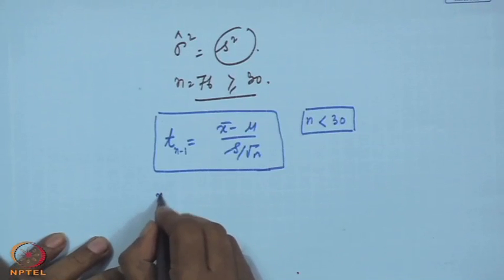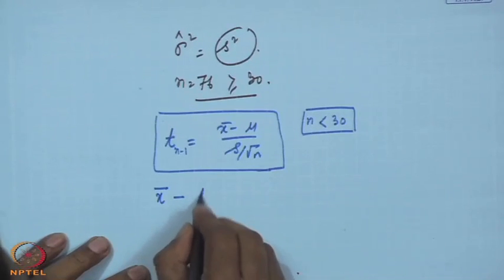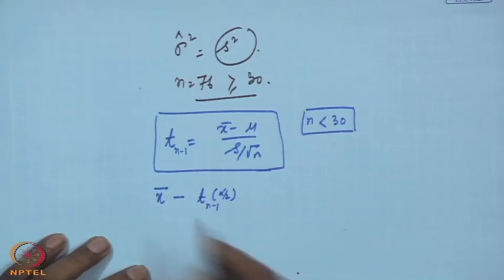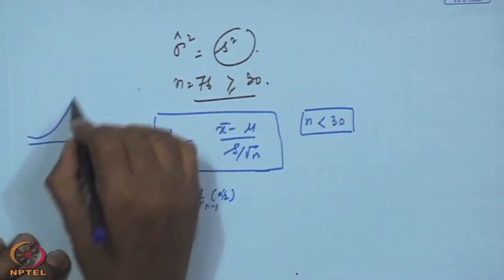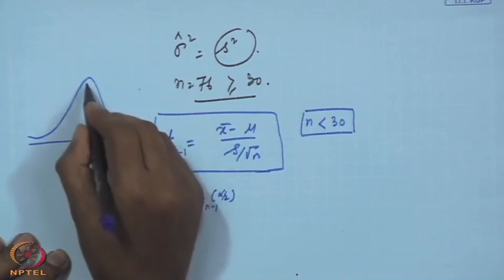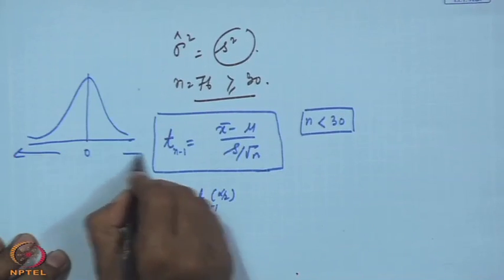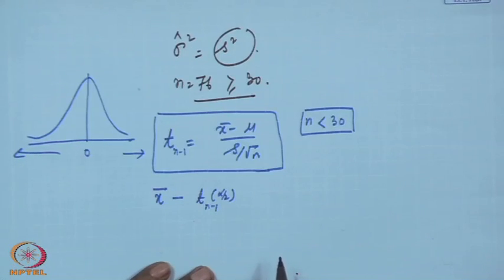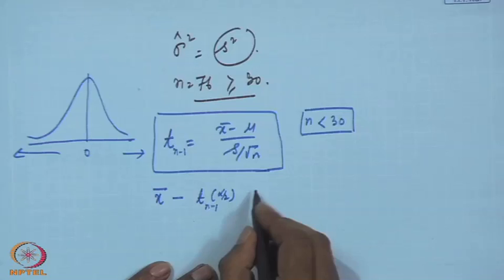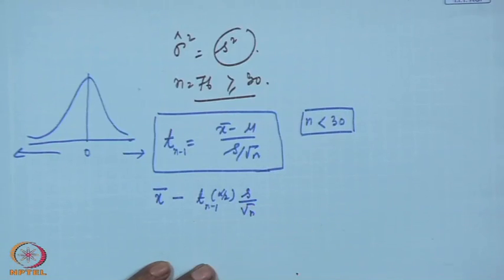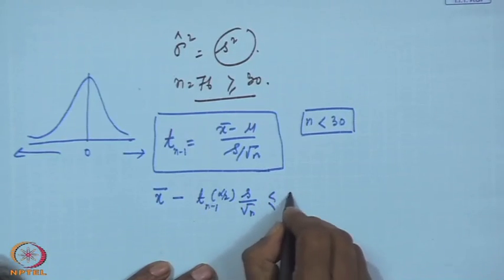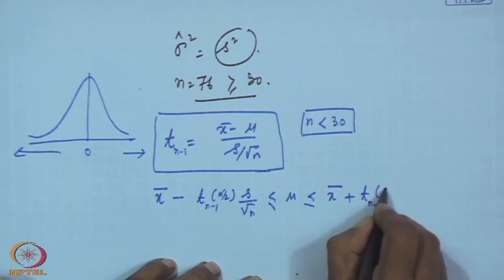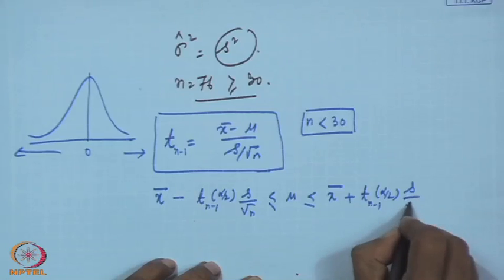Your interval will be like this: x bar minus t(n minus 1, alpha by 2) S by root n, because T distribution is also a two-tail distribution. Your mean value is 0 and it extends to two extremes, from minus infinity to plus infinity. Then x bar minus t(n minus 1, alpha by 2) S by root n is less than or equal to mu, which is less than or equal to x bar plus t(n minus 1, alpha by 2) S by root n.